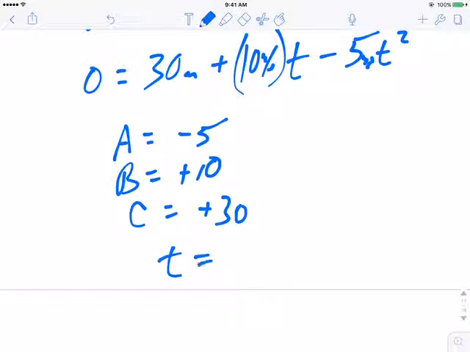Let me throw it out there real quick. I'm going to throw this into a program myself. Quadratic. All right, so -5, 10, 30.